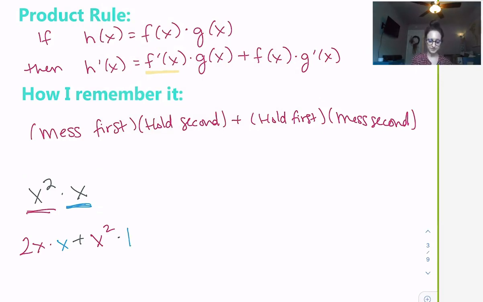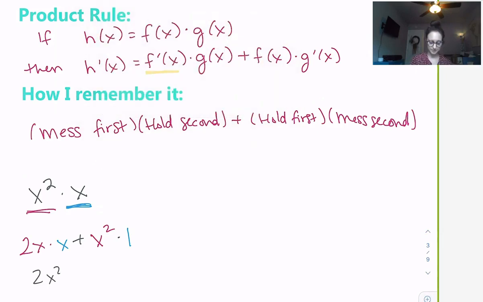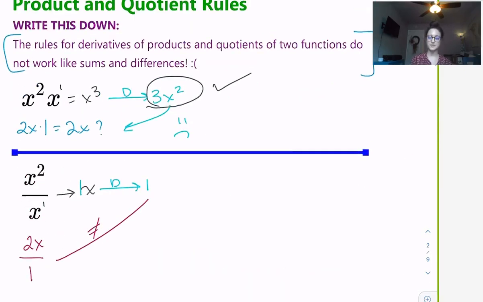Okay, let's simplify this. 2x times x is 2x squared, plus x squared times 1 is x squared, and then 2x squared plus 1x squared is 3x squared, which is what we know is the correct derivative, okay?